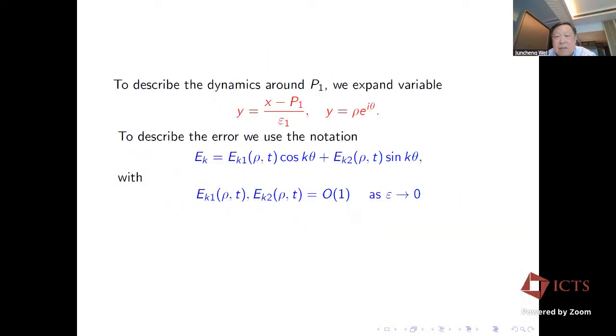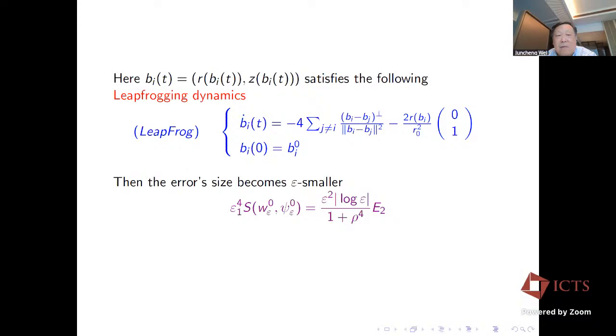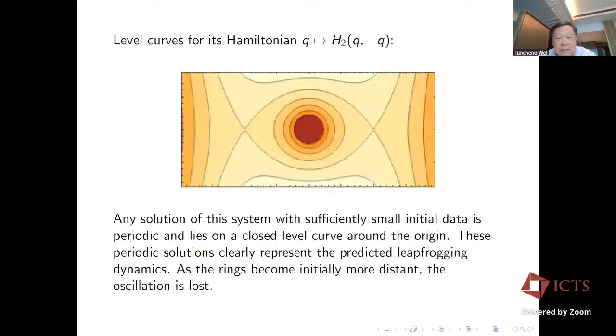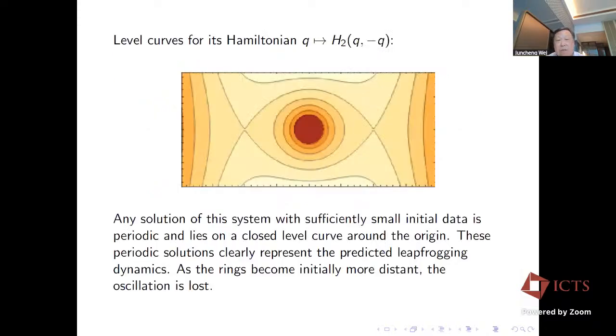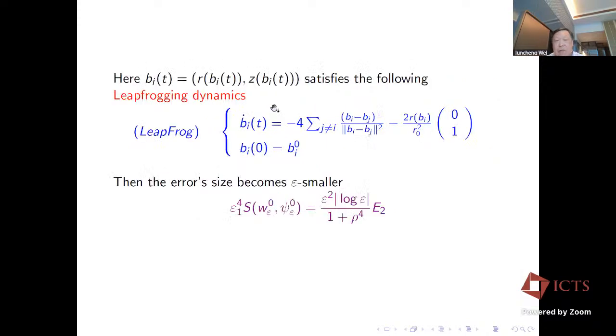So this is the formal derivation, this is the leapfrogging dynamics, and this is the trajectory. Just like the 2D case, we have derived the formal leapfrog dynamics, and the question is, can we rigorously prove the leapfrogging?